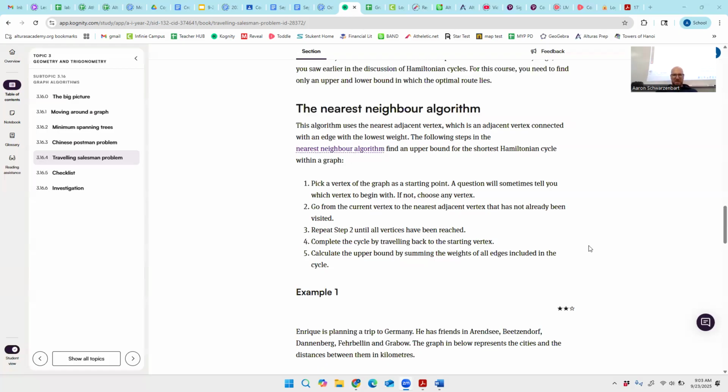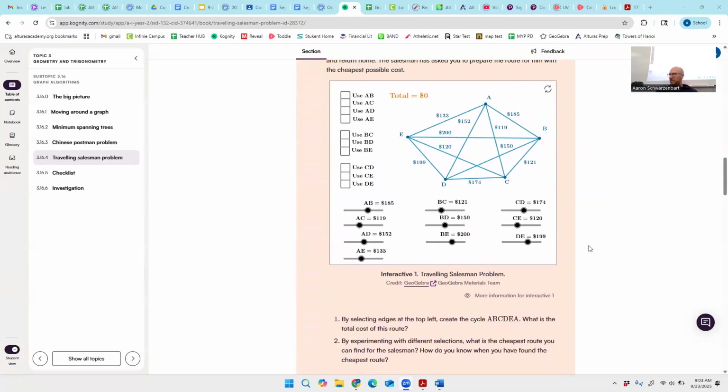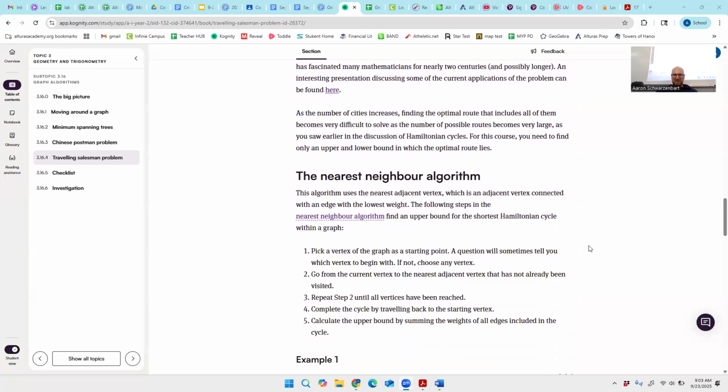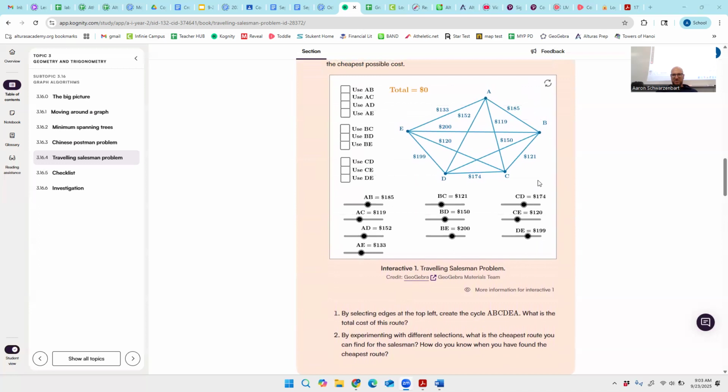So I went down the 119, that's the cheapest one. Then I'm at C. Repeat step 2 until all the vertices have been reached. So from C, I went... so this is the cheapest. Then I look at where's my cheapest. Oh, I did not do it. My cheapest is E.